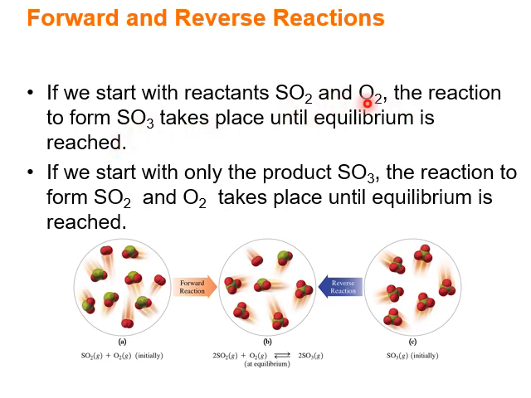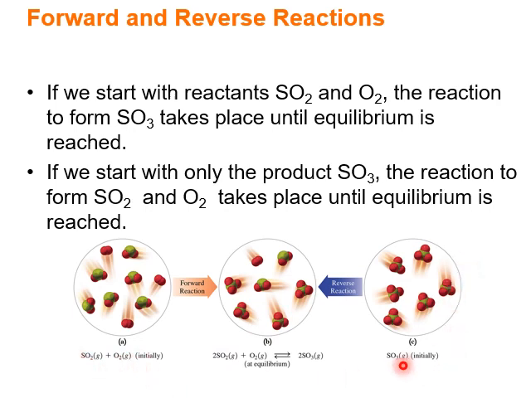Sulfur dioxide and oxygen are making sulfur trioxide. If we start with sulfur dioxide and oxygen, we're making sulfur trioxide. That's the forward reaction because we are starting with these two reactants.